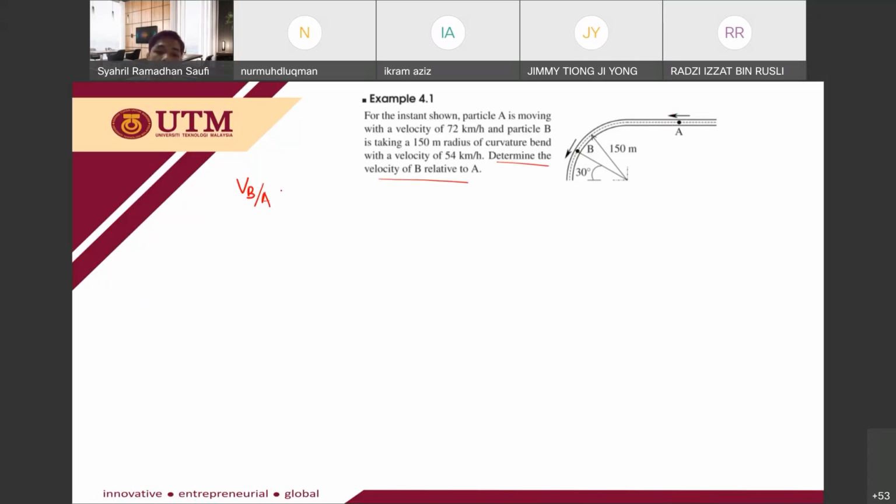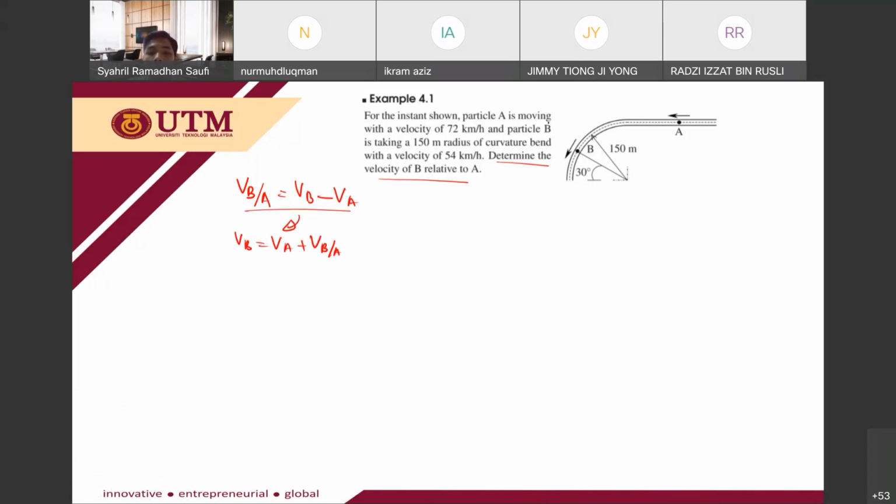Like I mentioned, in order to remember the equation, I will use VB minus VA, and then I will rearrange this equation into positive form. I will get VB is equal to VA plus VB/A. Then we need to get the information from the question.